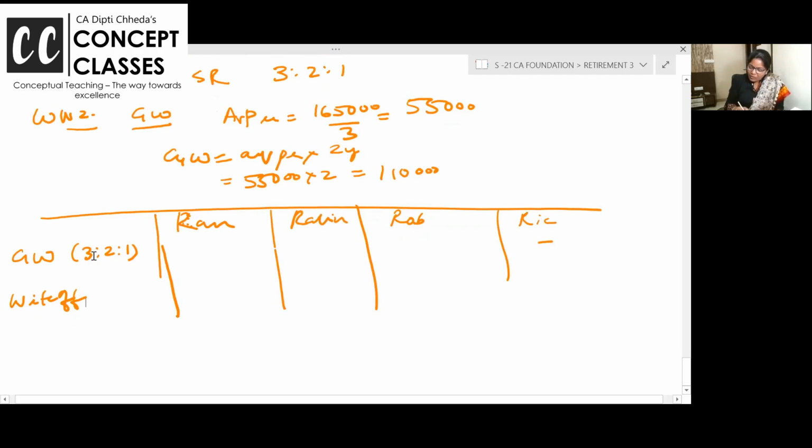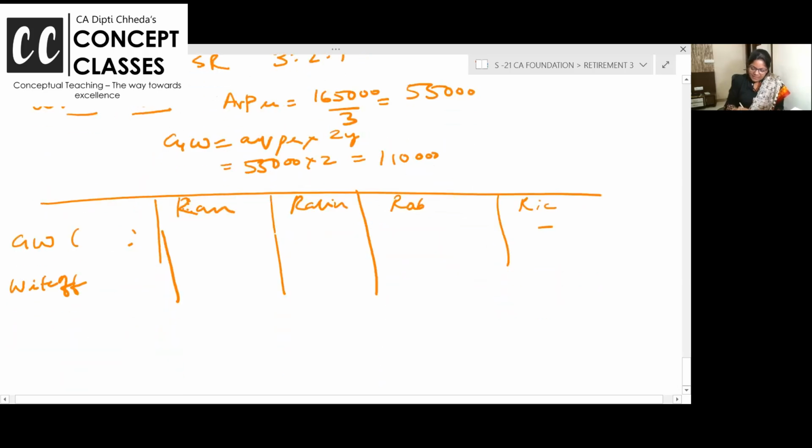Raise the goodwill in the old ratio 5:3:2 and write off in the new ratio. 1,10,000 into 5 by 10: 55,000, 33,000, 22,000 credit.